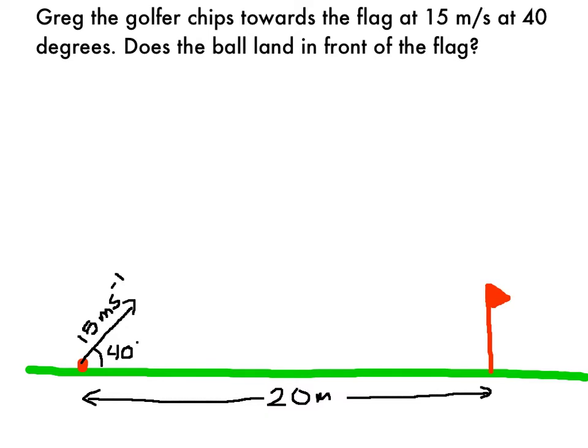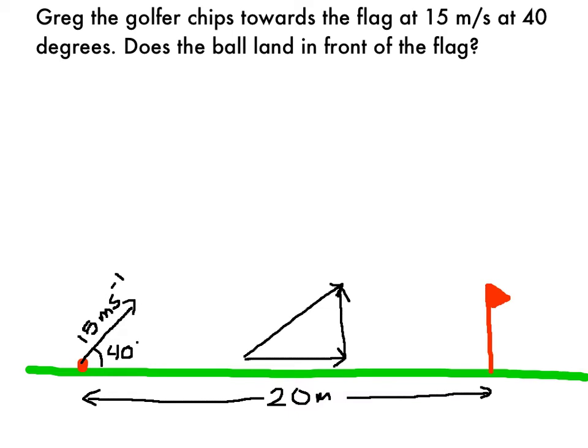So what we need to do here, because we're given a velocity which is at an angle to the horizontal, is break this velocity vector up into its horizontal and vertical components. And we use trigonometry to do that. So we're going to have a horizontal component and a vertical component making up our velocity.